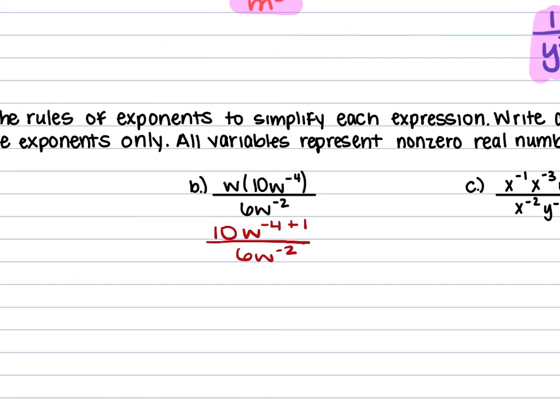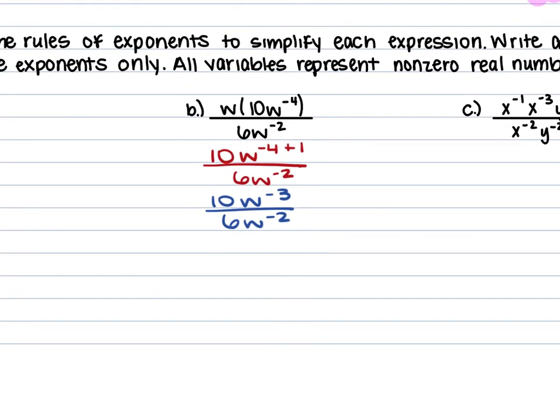If I simplify that numerator, I'm going to have 10w to the negative third over 6w to the negative second. If I then want to take these negative exponents and turn them into positive exponents, I'm just moving that w to the negative third down and that w to the negative second up. So this is going to give us 10w squared over 6w to the third.